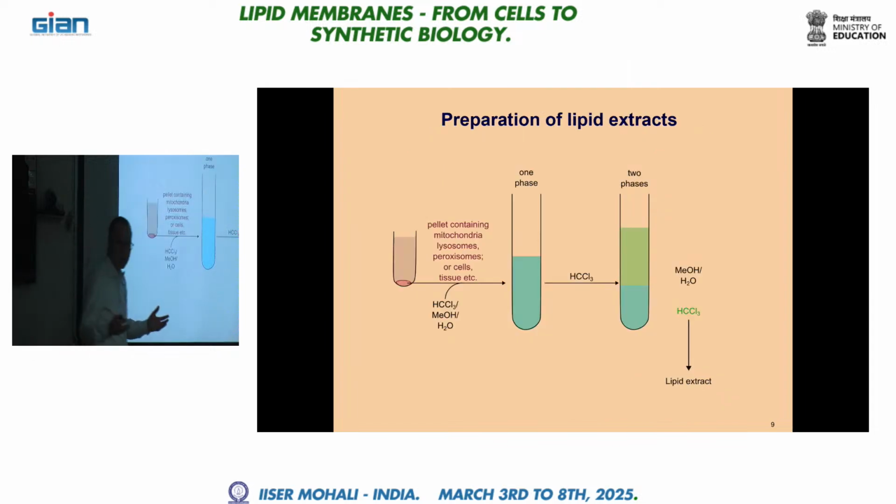If you are interested in lipids, you would like to isolate the lipids. That's a technique probably you are all familiar with, because you know that lipids have a strange property. They are quite hydrophobic. They like water also, but they're also quite hydrophobic.